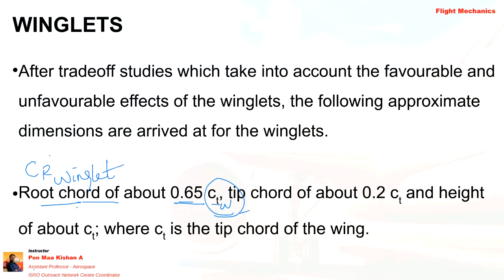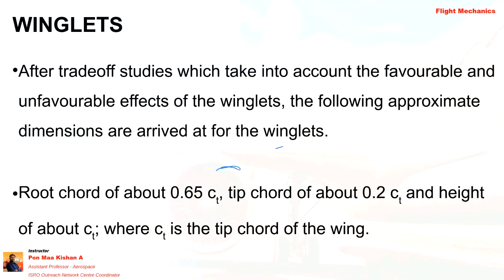And the tip chord of the winglet has to be 0.2 times the chord of the tip of the wing. I hope you understood that. This is a design criterion based on the external data.